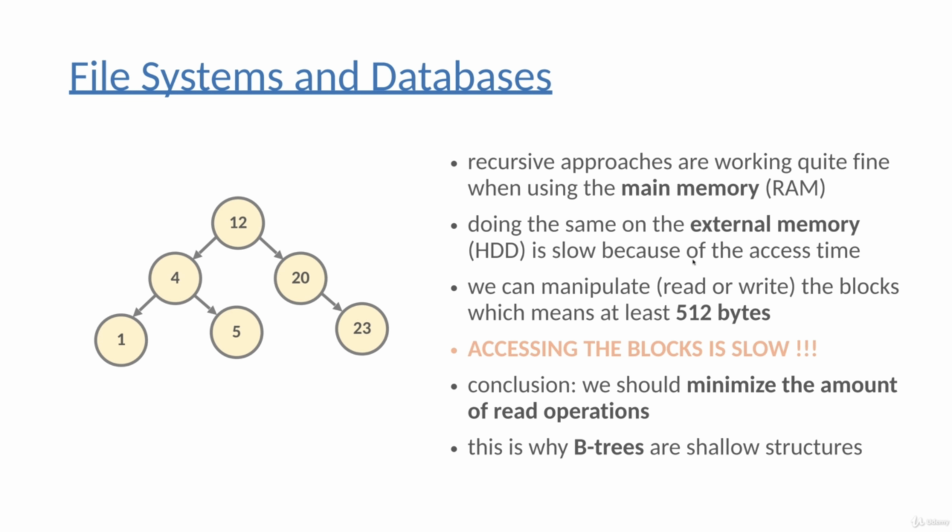So we have to take the access time into consideration. And the second crucial difference, that when dealing with external memory, we can manipulate blocks, which means at least 512 bytes. Okay, so finally we can come to the conclusion that we should minimize the amount of read or write operations, and this is exactly why B trees came to be, because these are shallow data structures, very similar to binary search trees, but B trees minimize the amount of read or write operations.